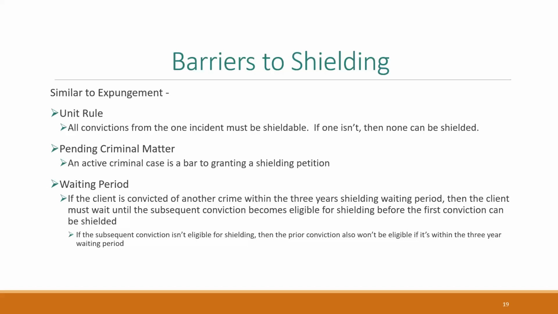You also might want to think about, particularly when you're looking at that waiting period, a strategy: there may be other things on the record that could block that shielding that are expungable. So you can file the expungement petitions first, remove those from the record, and then come back and do that shielding petition. And then again, no pending criminal matters.